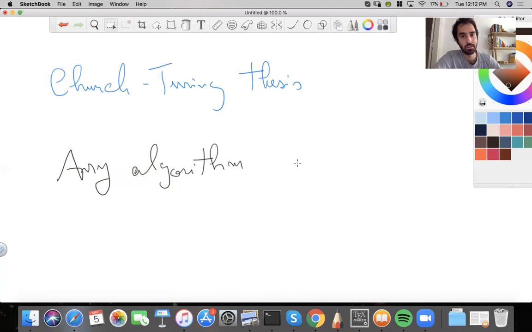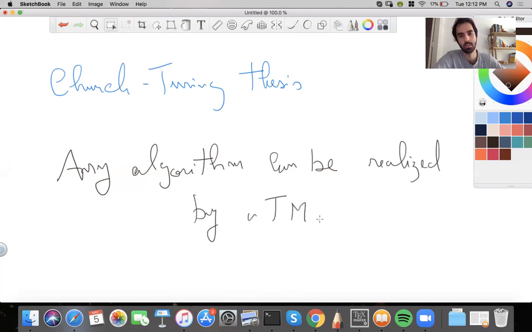The Church-Turing thesis says that any algorithm can be realized by a Turing machine.